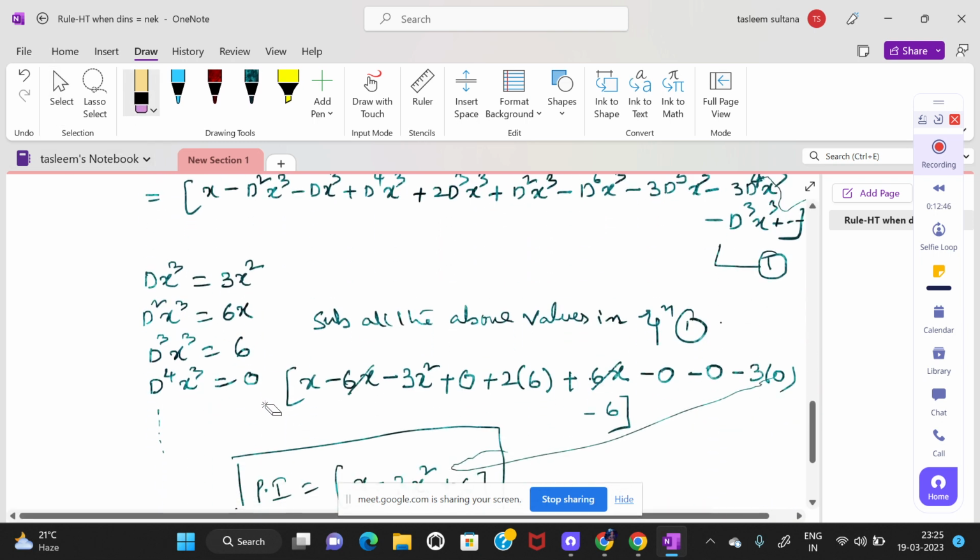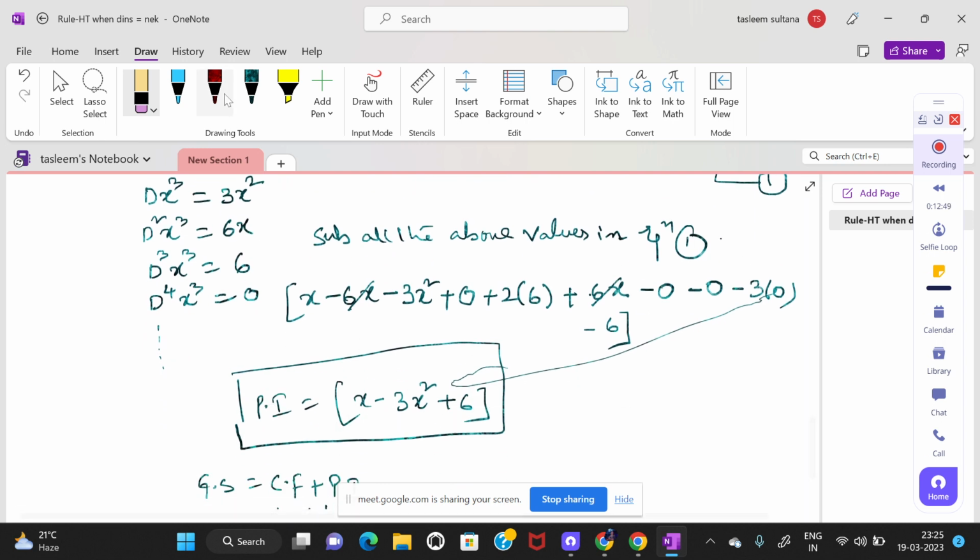After getting your solution outside, suppose you are left with 1 by d. 1 by d stands for integration. After this, you have to do the integration.